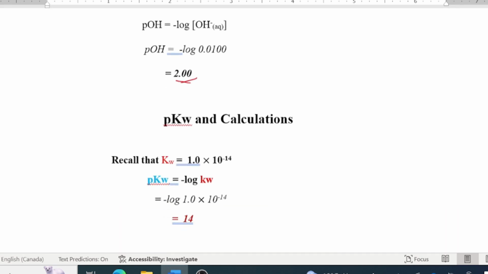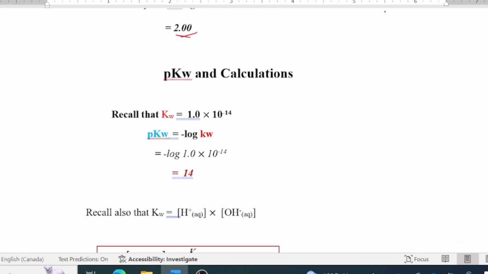pKw and calculations. We know that Kw is equal to 1 times 10 to the negative 14. So if you take the negative log of this, you will get a value of 14. So pKw is equal to the negative log of Kw, and that is equal to 14.